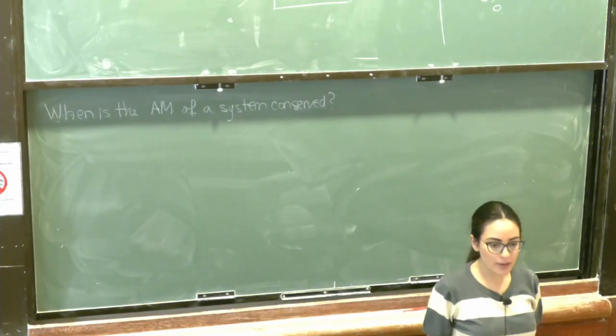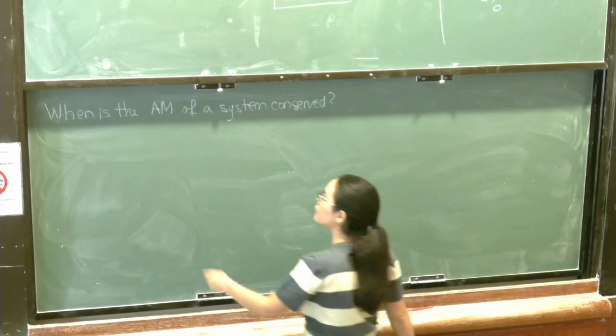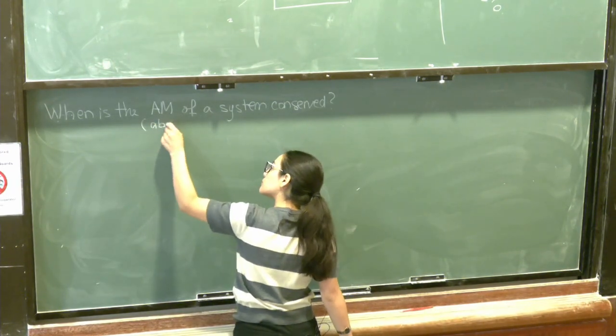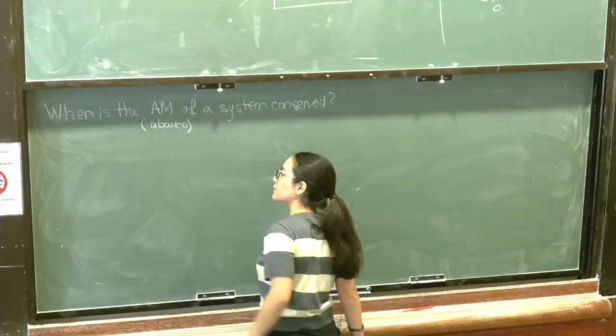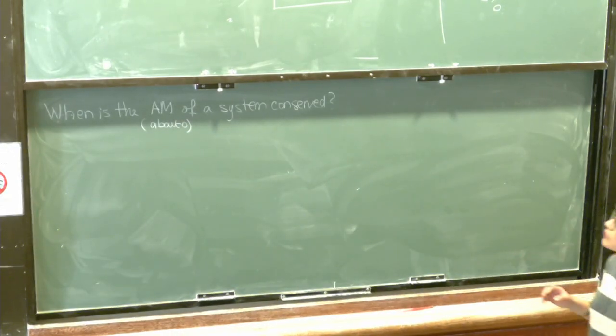What I want to be conserved is HO. So under what conditions is the angular momentum of a particle about point O conserved?